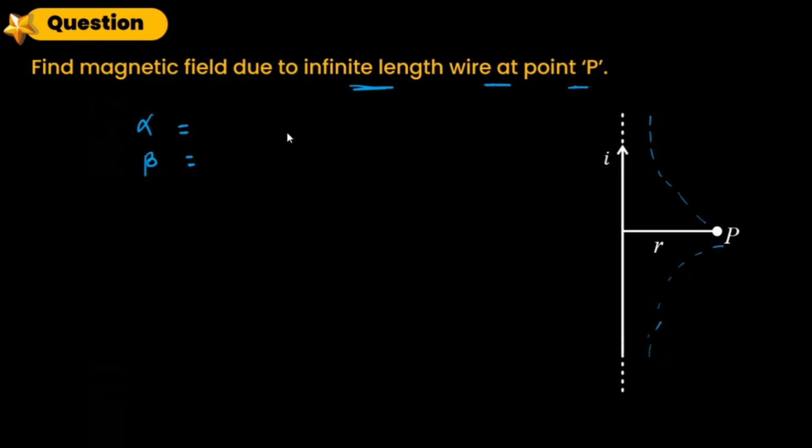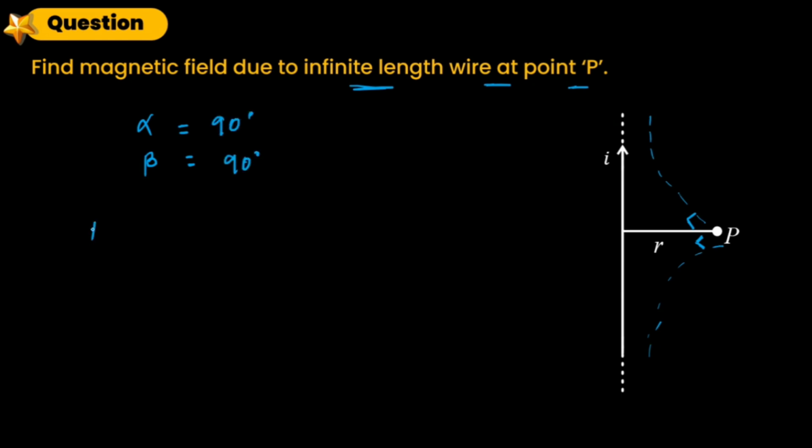Remember this, whenever there are two things which are infinite in length, the angle is supposed to be 90 degrees on both the sides. Like this line will try to meet its end, but it will never meet its ends. So we can say that the angle subtended by the point P on the wire should be 90 degrees each.